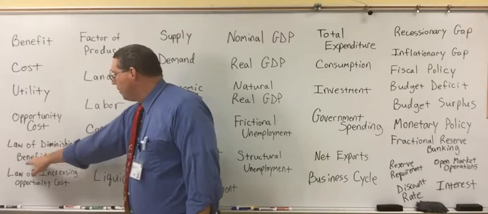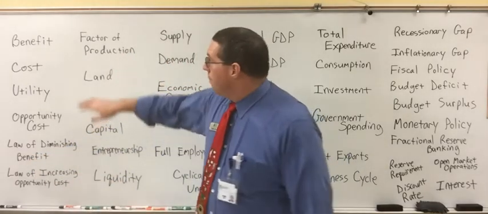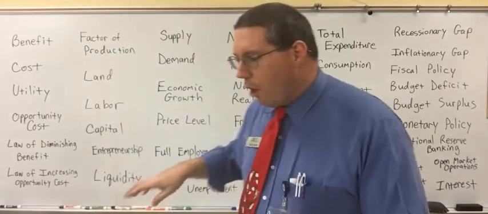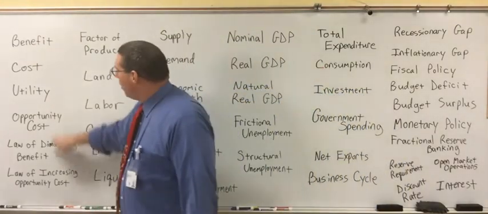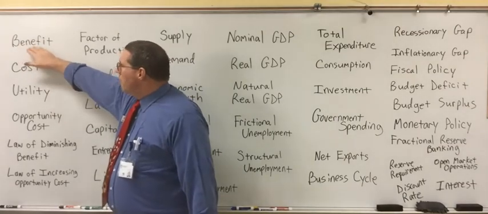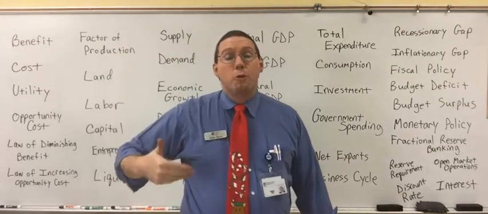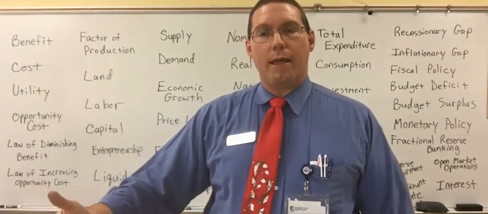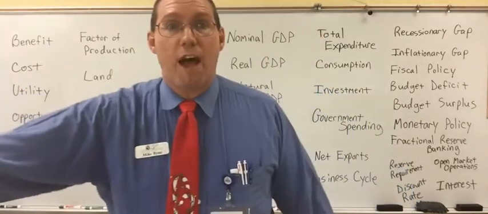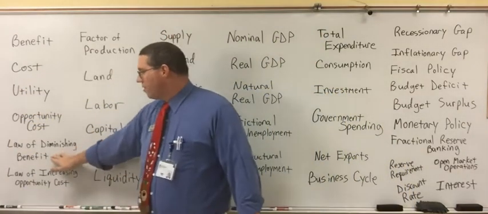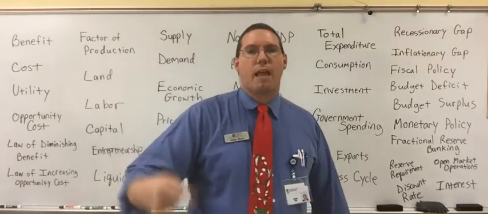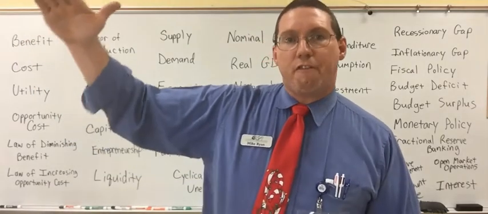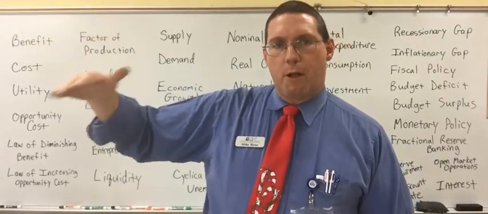Now, the law of diminishing benefit says that because every action we take has some benefits to it, well, if doing something is beneficial, then why not do it again? Doing it once is great, so doing it twice should be awesome also, right? Choosing it 3 times, 4 times, 5 times. Well, the law of diminishing benefit says that the more you make the same decision or enact the same action, the benefits eventually get smaller and smaller each time.